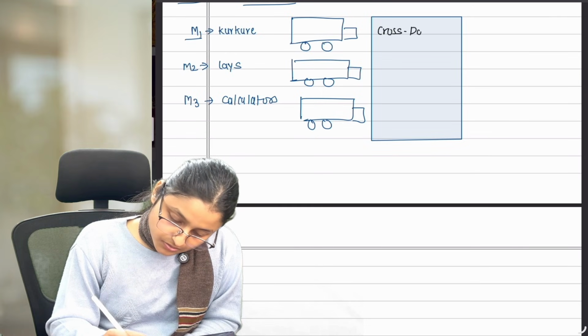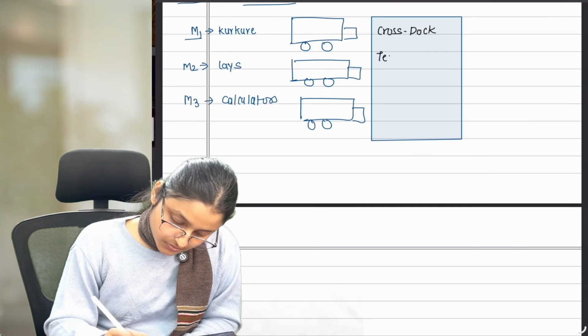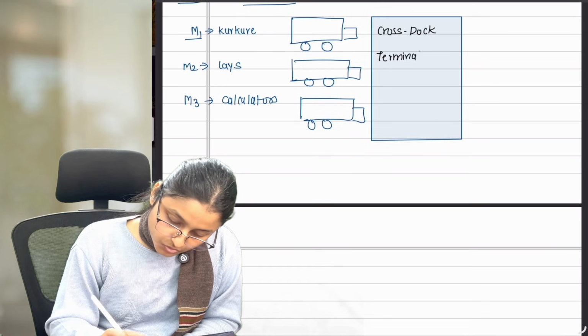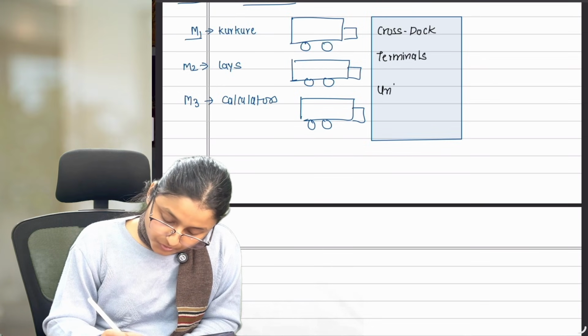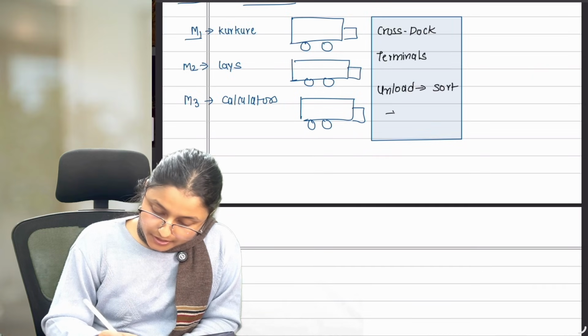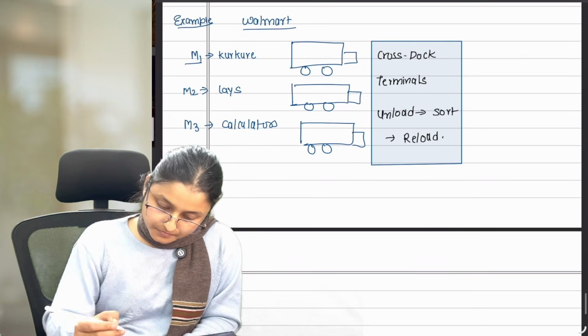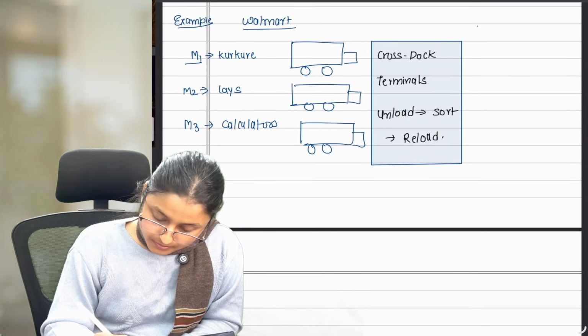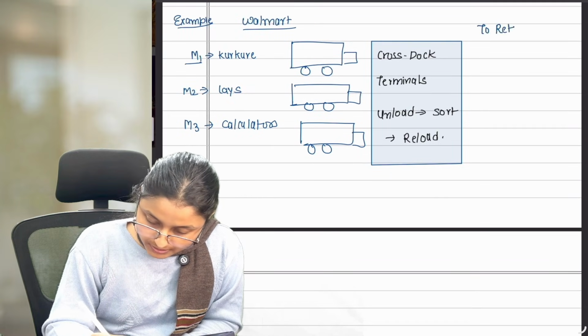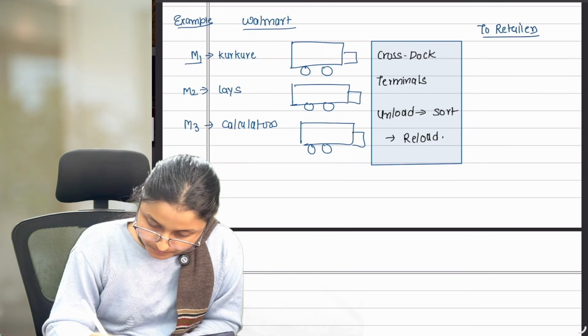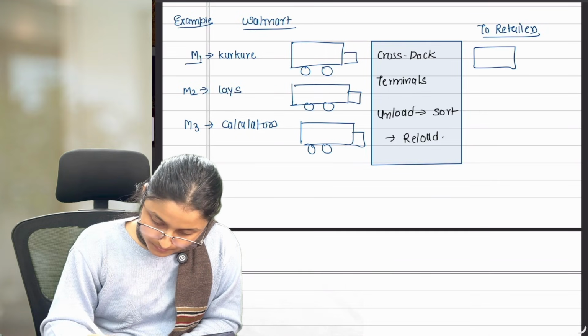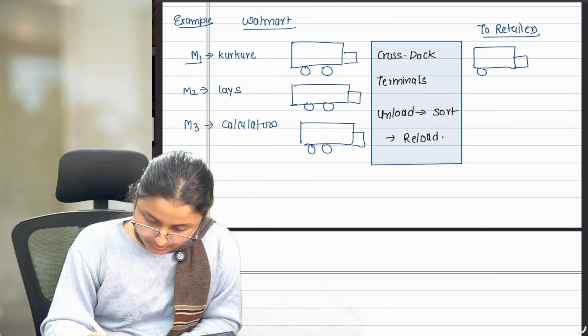These are cross-dock terminals. What they will do, they will unload the product, sort it out, and reload it in the tractors who will go to retailers. So this will go to retailers in different tractors.